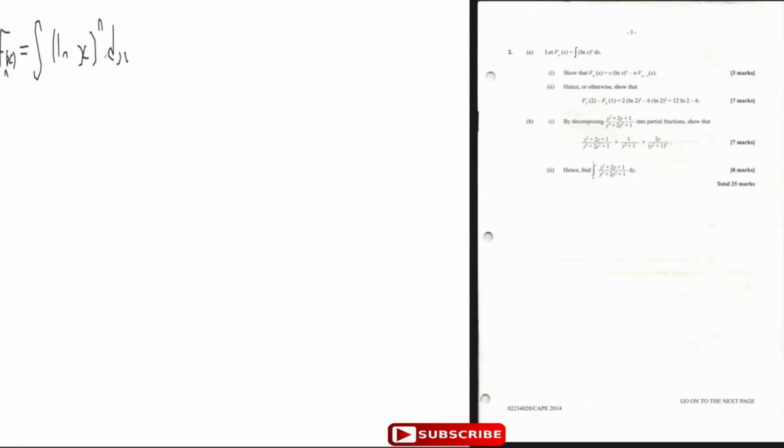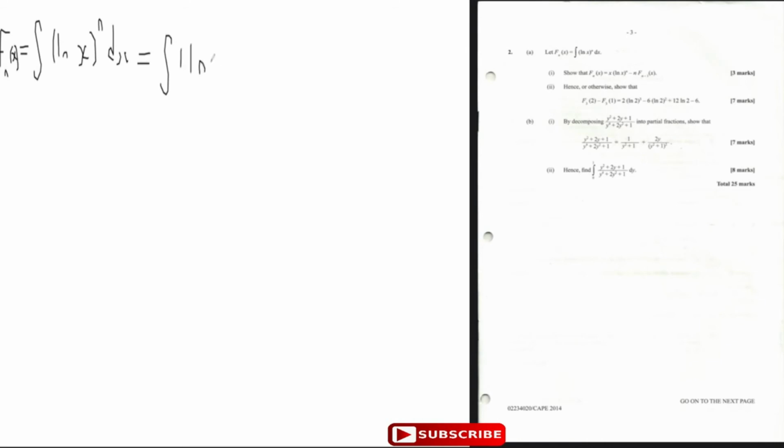All right, fn of x. And so if you're integrating ln x to the n dx, when you integrate this, you can rewrite ln x to the n as 1 times ln x to the n.